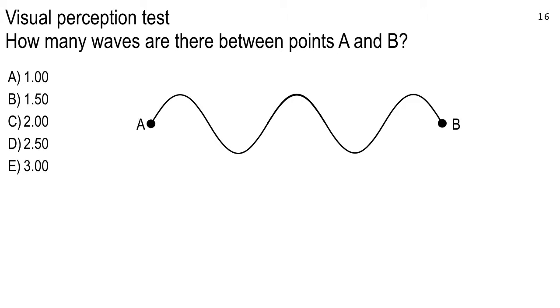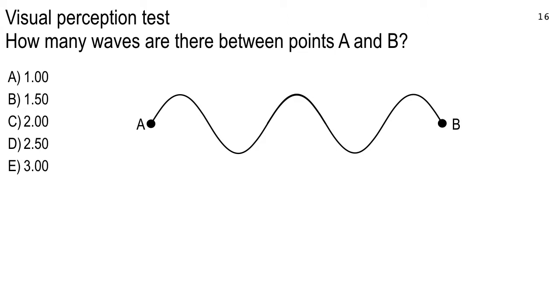And remember, a full wavelength is peak to peak or trough to trough, or zero point to the next zero point of the same kind. So A and B are zero points, but they're not the same kind.